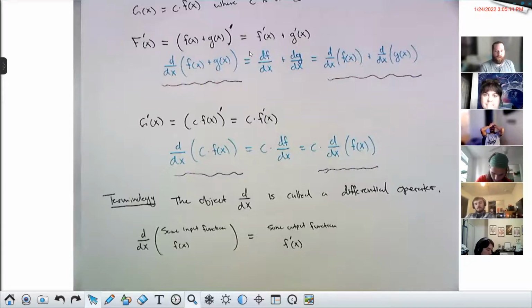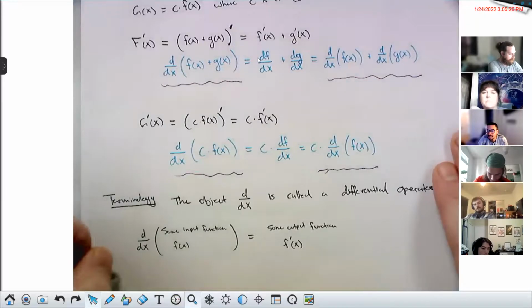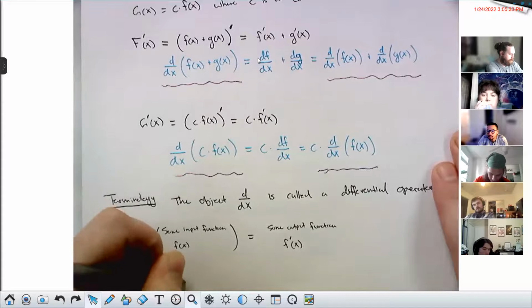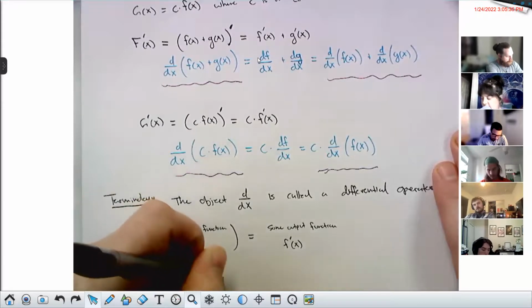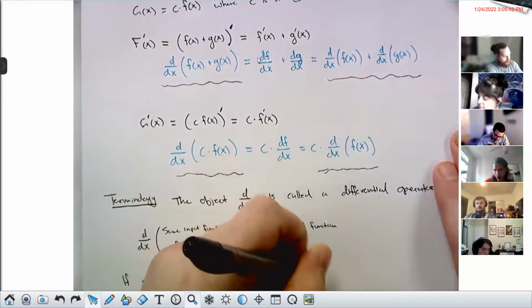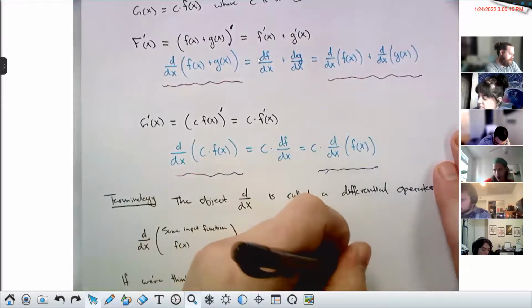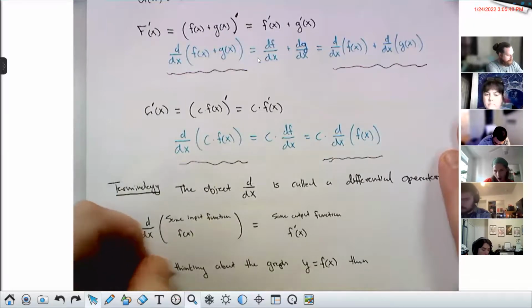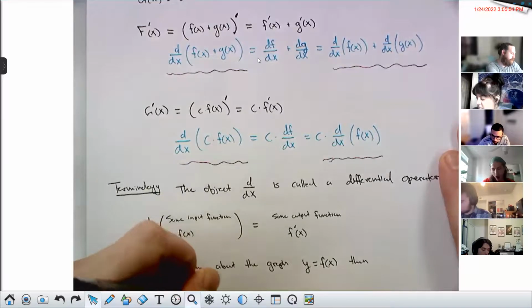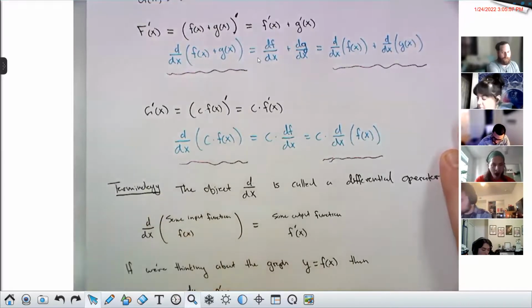But there is a little bit of utility to thinking about this notation, df dx, dg dx, dy dx, because if we're thinking about the graph y equals f of x, then dy dx is sometimes written for f primed of x.